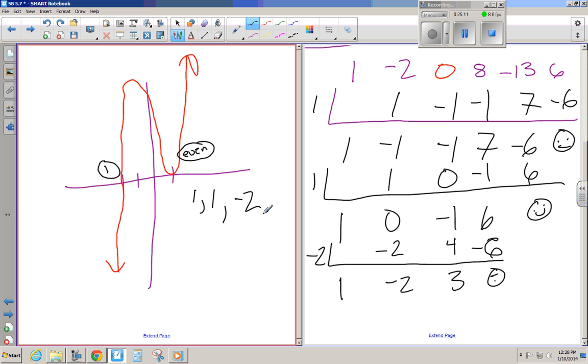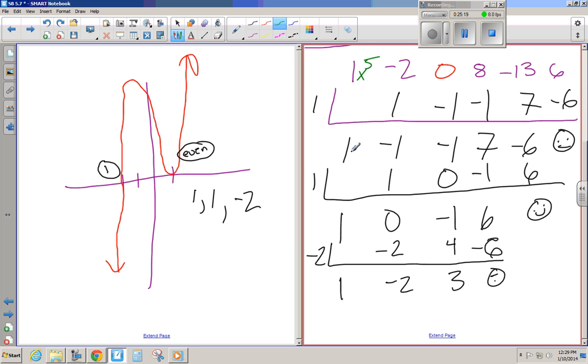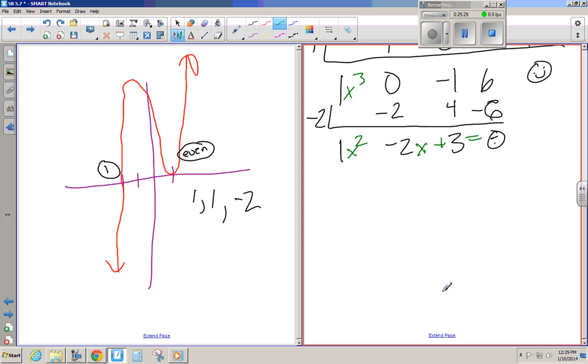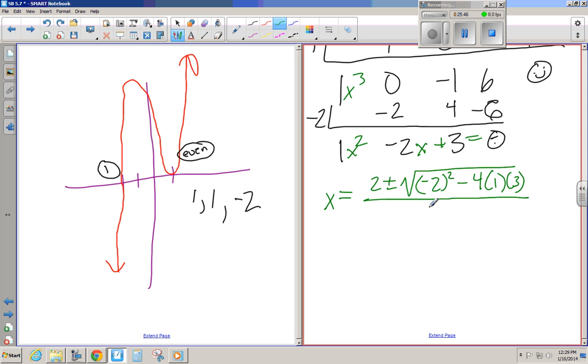All right. Now we need to look at this and determine whether it's factorable, whether it can be 1 again. But what you're going to notice here is we went from an x to the 5th to an x to the 4th, an x cubed, and now we have a 1x squared minus 2x plus 3 gives me 0. And hopefully we see that we have quadratic formula, x equals opposite b plus or minus square root b squared minus 4 times a times c all over 2a.